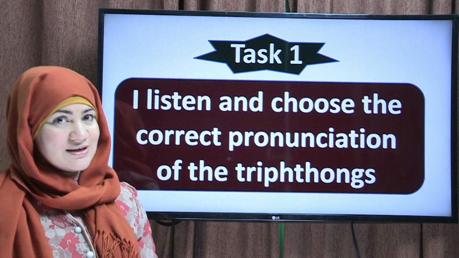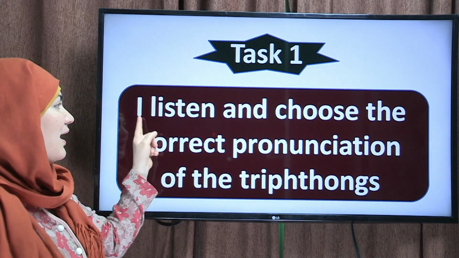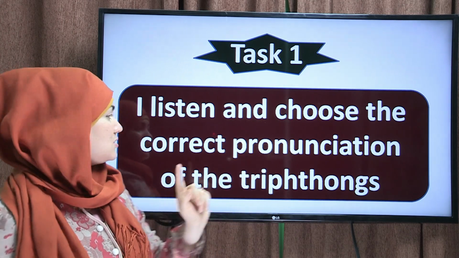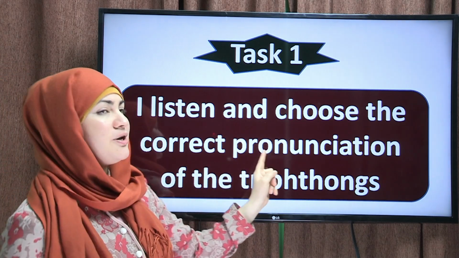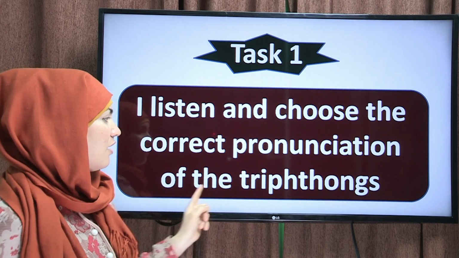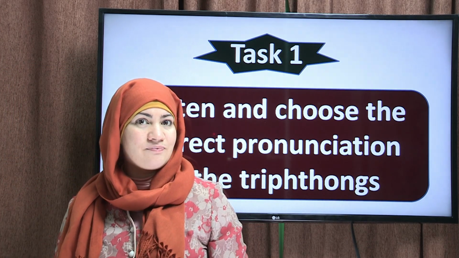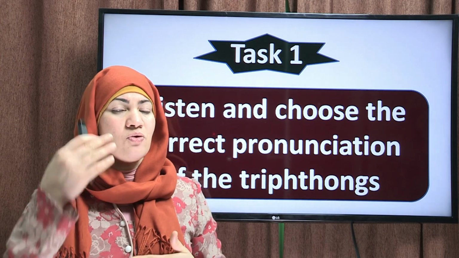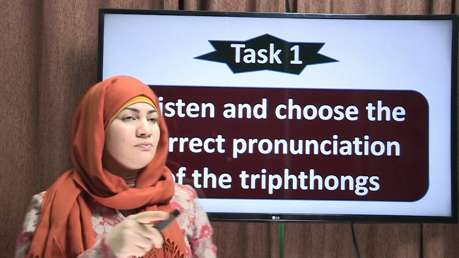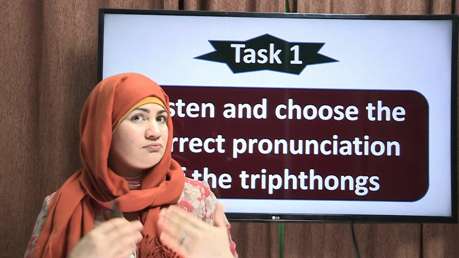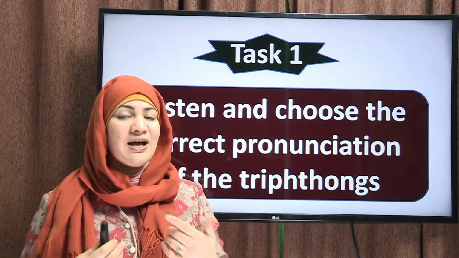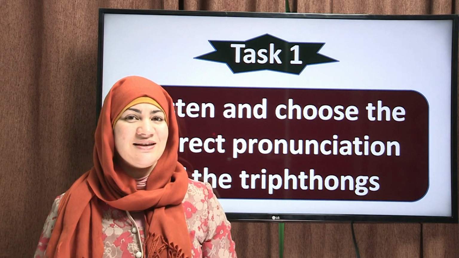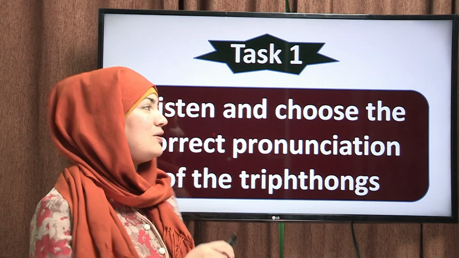The question is, I listen and choose the correct pronunciation of the triphthongs. There will be sentences, and you will choose the right triphthongs, the correct pronunciation. We start reading the sentence. Are you ready? Okay.